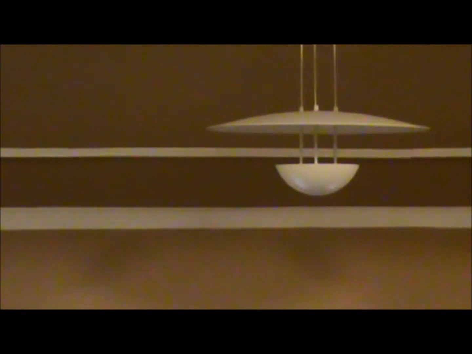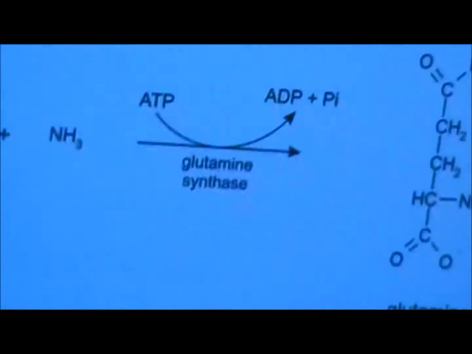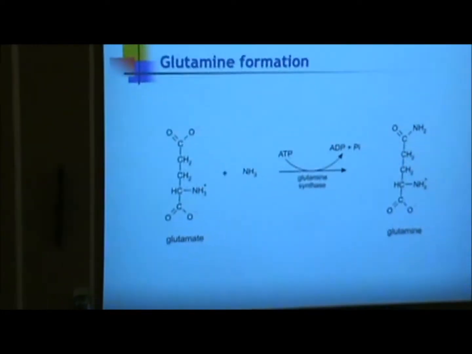We know that the amino acids are deaminated, producing ammonia. Ammonia is the toxic part. It is converted in a process which is called the urea cycle.